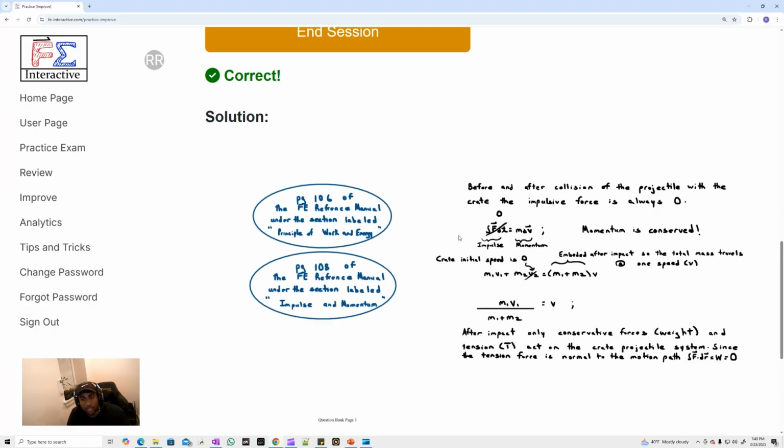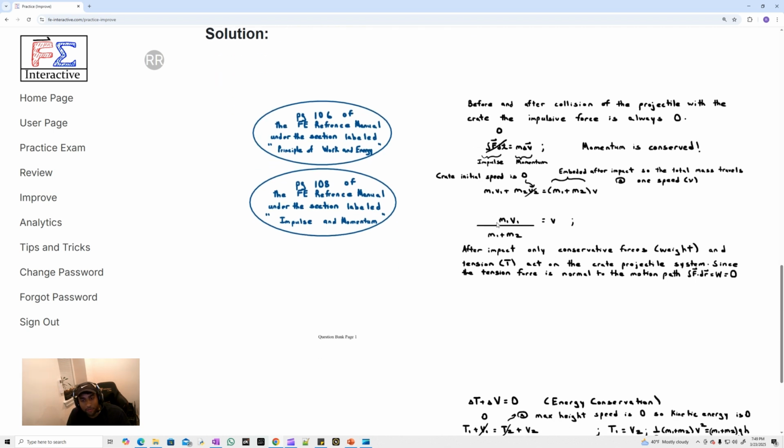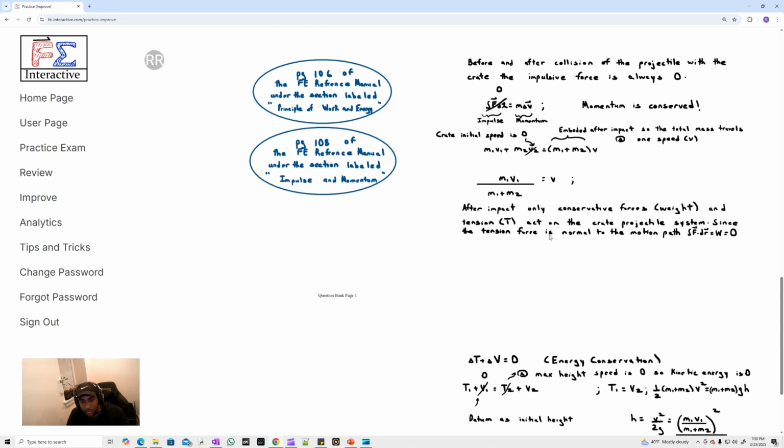The first thing we saw, looking at the combined system, is that for the combined system, there's no impulse. So that means that the change in momentum is going to be equal to 0. That means that the momentum before is equal to the momentum after. If the momentum before is equal to the momentum after, we can find this relationship for the speed, noting that the ball is embedded into the crate after impact. We have something for the speed.